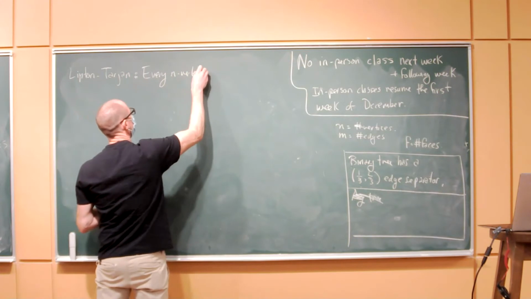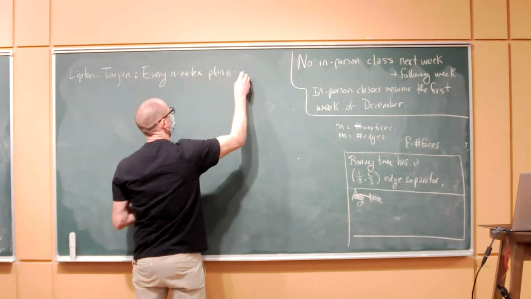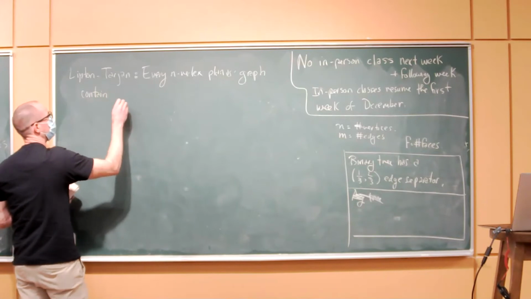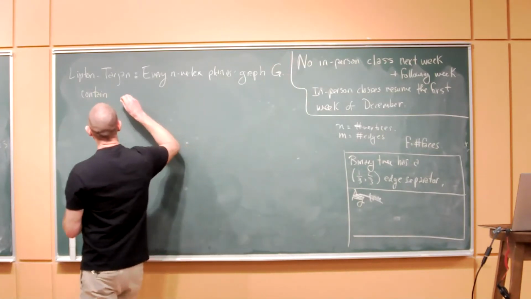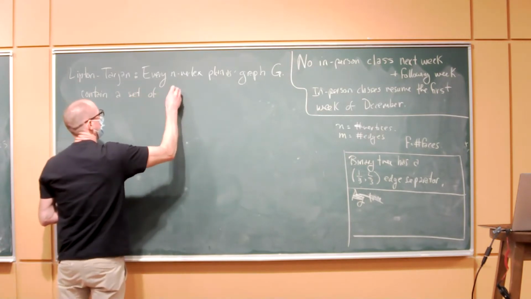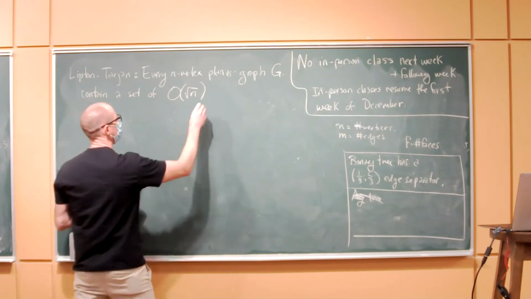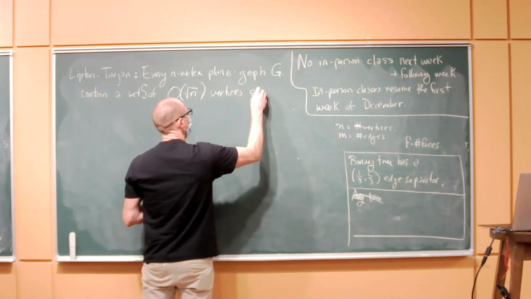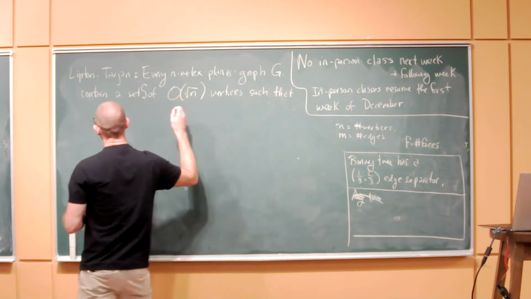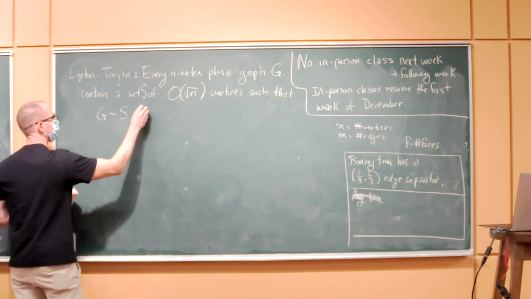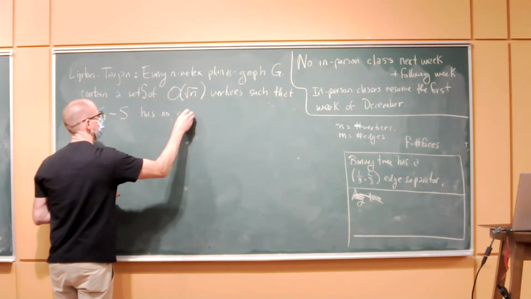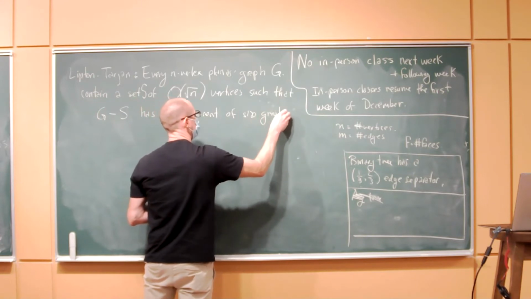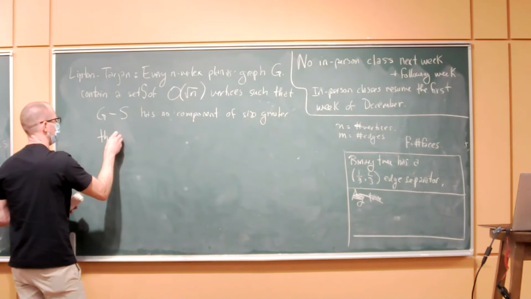Every n vertex planar graph G contains a set of some constant times square root n vertices, call that set S, such that G minus S has no component of size greater than 2n/3.